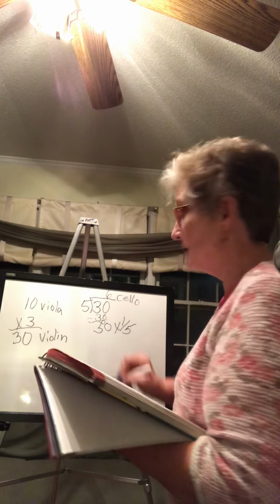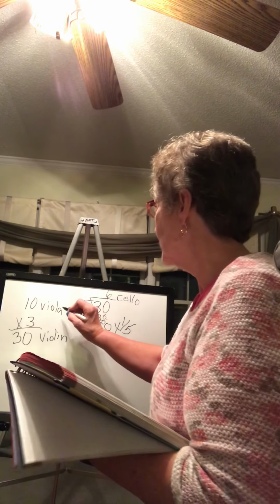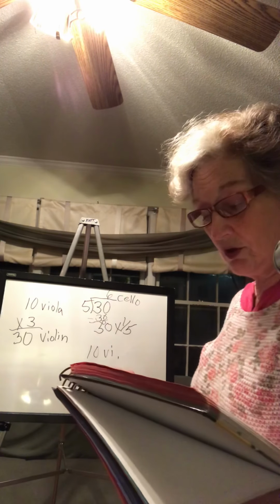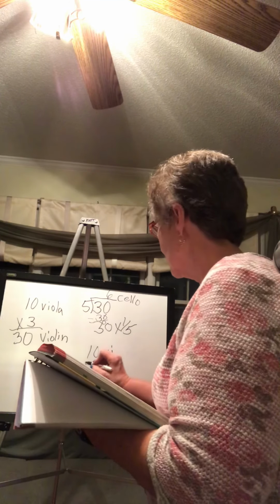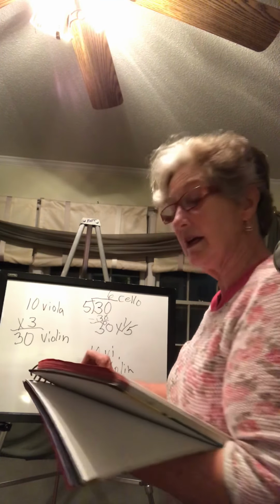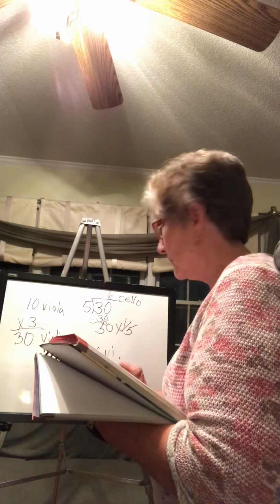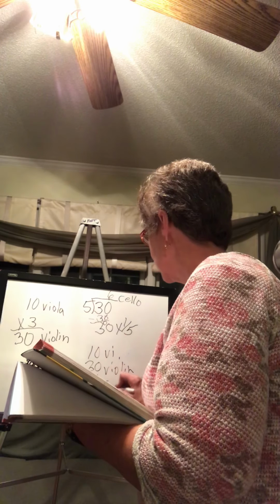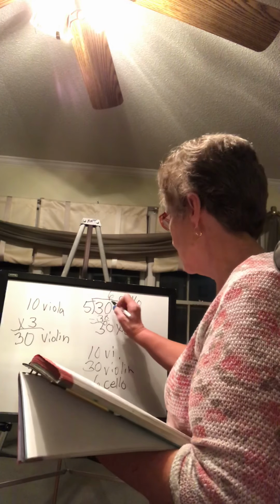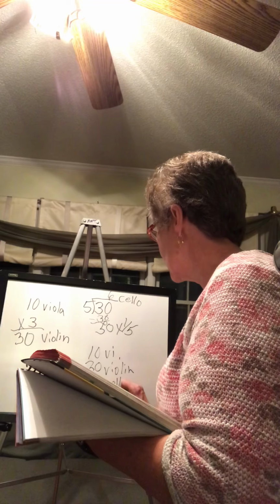So how many students in all? Now we have to add: that's 10 viola, 30 violin, and 6 cello students. So that's 10 plus 30 plus 6, which gives us 46 students.